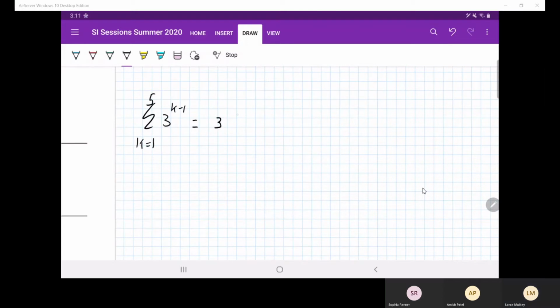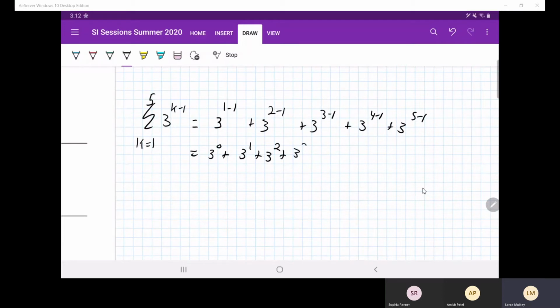It equals 3 to the 5 minus 1 plus 3 to the 4 minus 1 plus 3, I'm going the opposite order, my bad. 3 to the 1 minus 1, 3 to the 2 minus 1, 3 to the 3 minus 1, plus 3 to the 4 minus 1, plus 3 to the 5 minus 1, which equals 3 to the 0, plus 3 to the first, plus 3 squared, plus 3 cubed, plus 3 to the fourth.